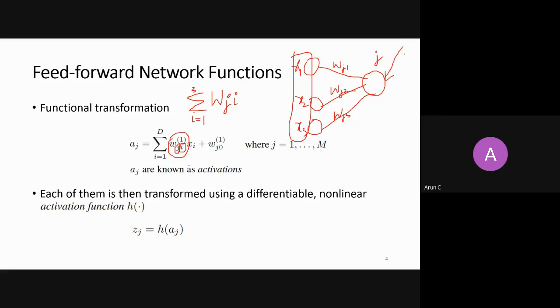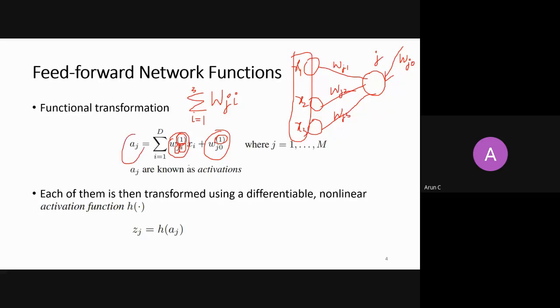This bias is for the jth node, so I can write it wj0. So this wj0 is a bias. Which layer I am talking about is denoted by this superscript. Here I am talking about my first layer. If it is the second layer, then it would be two, right?